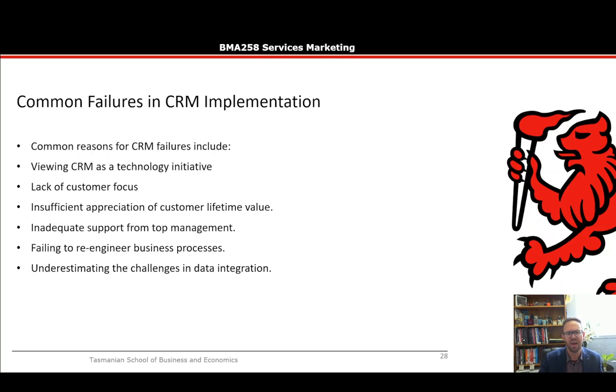So if you try to use customer relationship management software, but you don't understand things like customer value segmentation or the profitability of customers, segmentation, targeting, positioning, all this type of stuff, then the CRM will not work properly. So it's there to help professionals, like marketing professionals, do their job better.